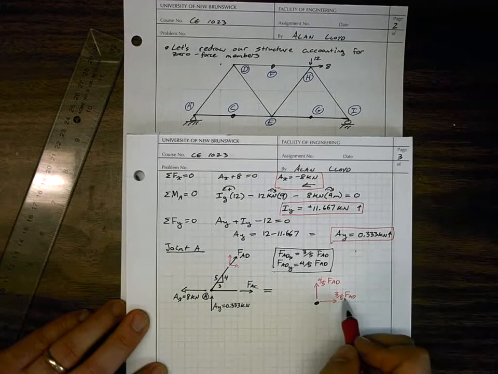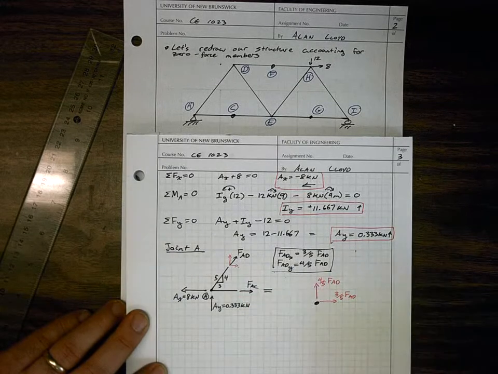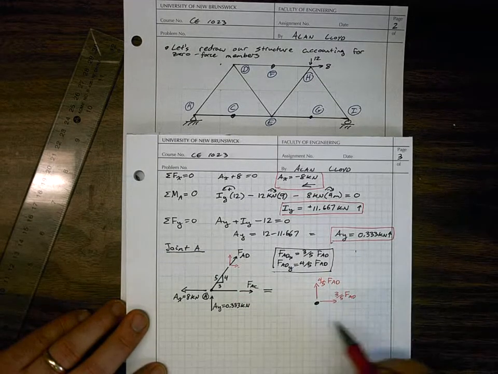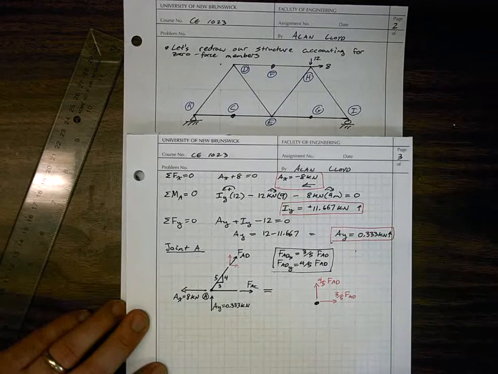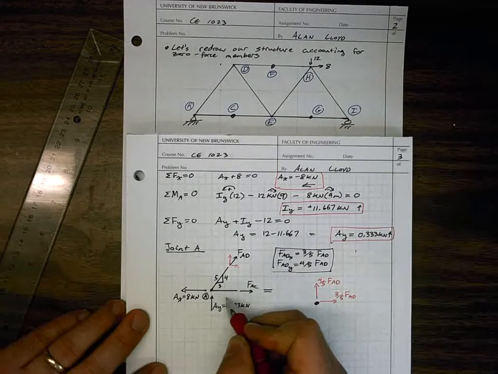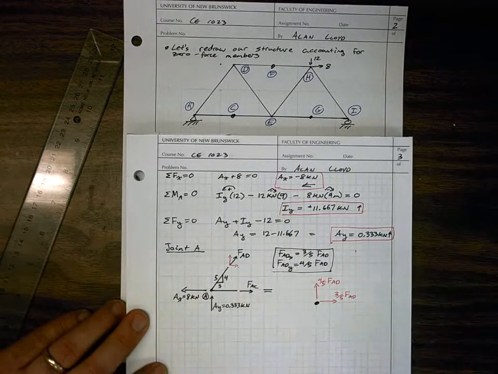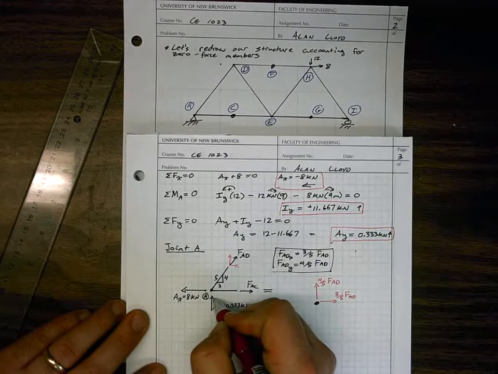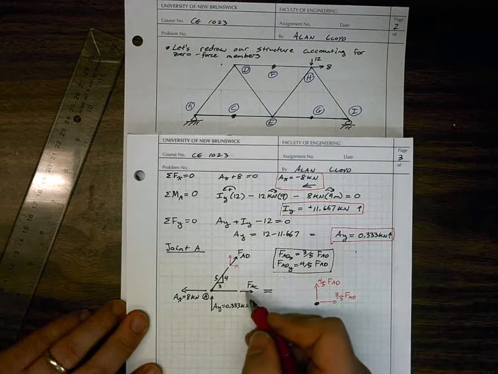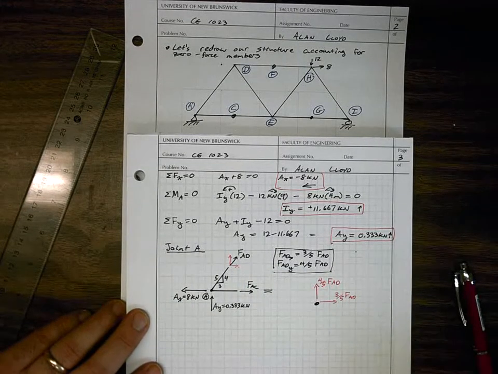So these are going to the right and going up, because FAD was going to the right and going up. Later, when we take equilibrium, if things come out positive, that means we drew this correctly. If they come out negative, that means that this has to be flipped. Once we are comfortable drawing this so that it reflects the actual directions, we can begin to trust our results.